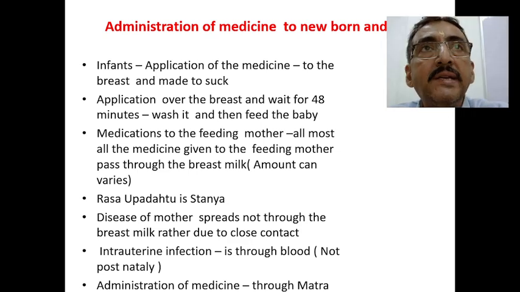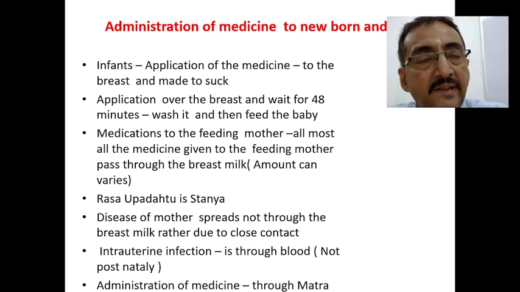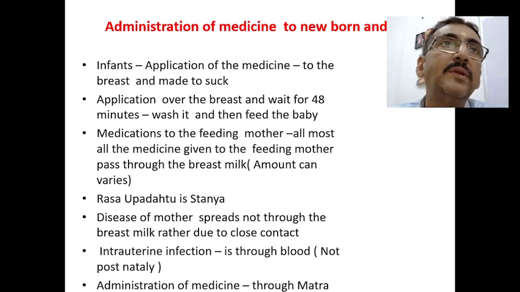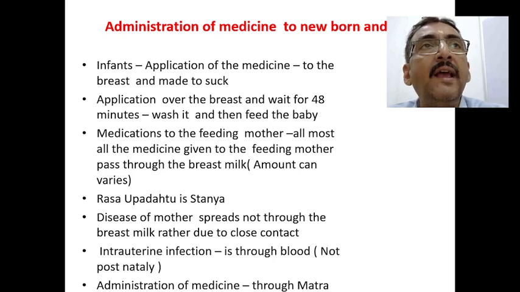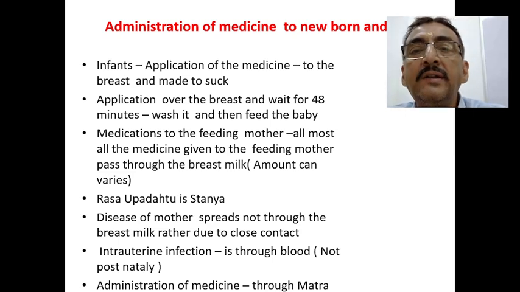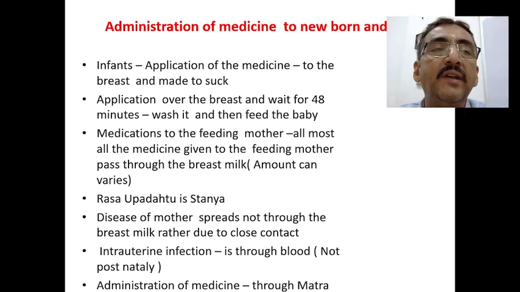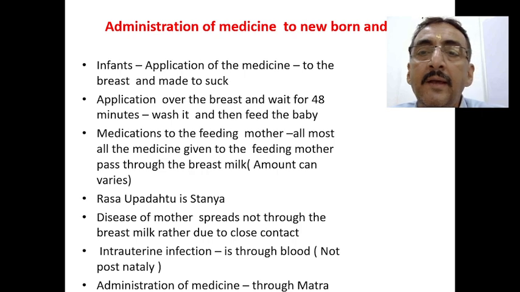Similarly, apply the medicine over the breast, leave it for 48 minutes, and then allow the baby to suck the breast milk, which is another important method. We believe that the medicine applied there will be absorbed into the breast milk, and when the baby is sucking the breast milk, it will go inside the baby.